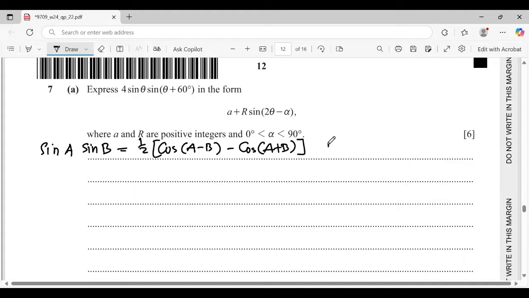Now by substitution, let A equal theta and B equal theta plus 60.